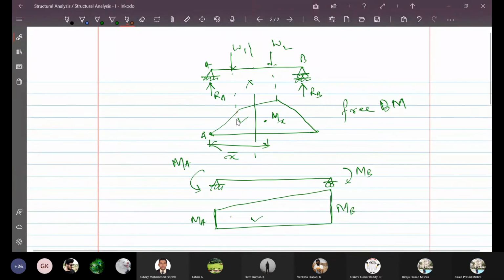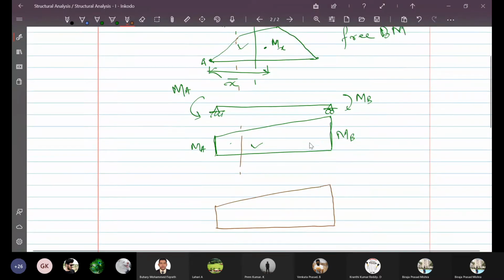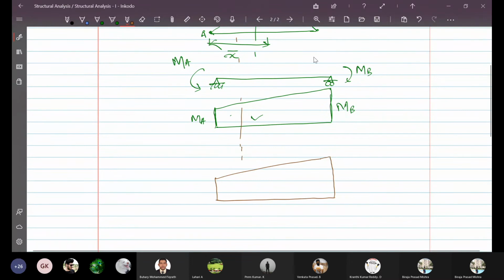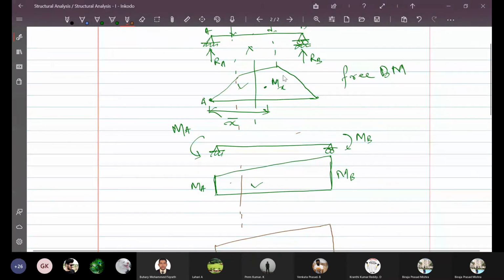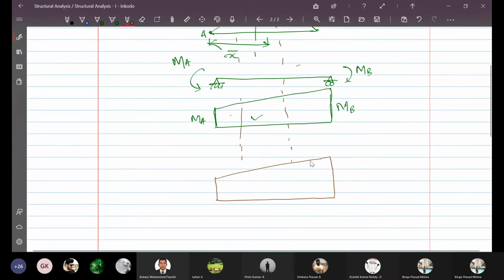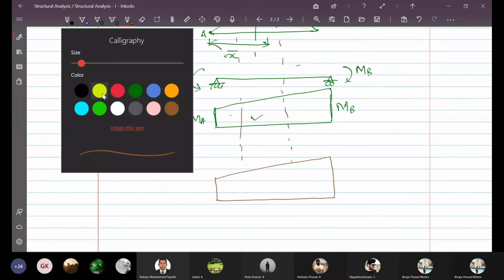This loading comes here, and we have another loading coming here. Let me take the red color.